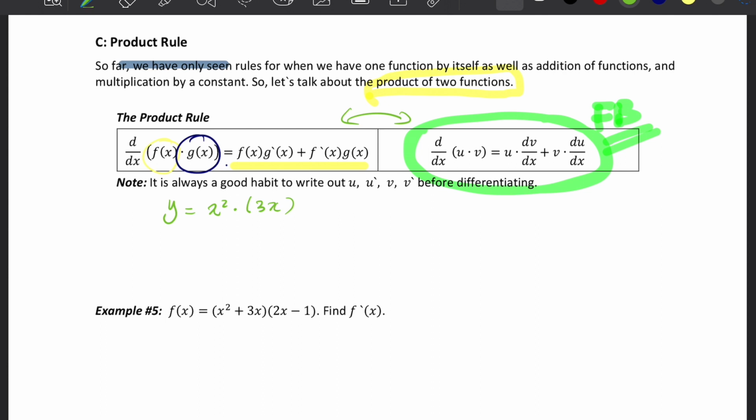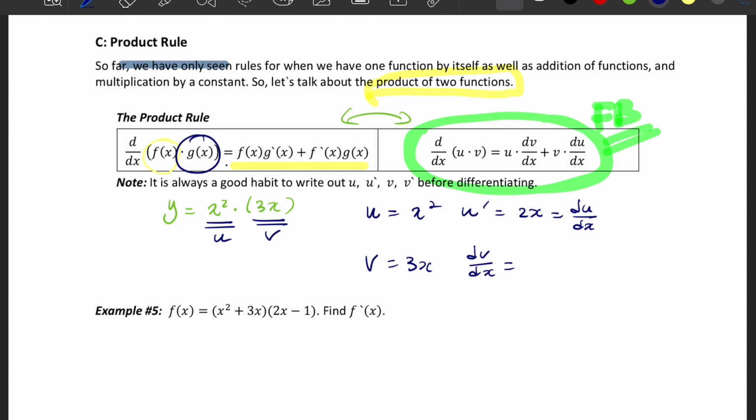If this is equal to u and this is equal to v, we have to find the derivative of u first, which is 2x. The u prime is the same as du over dx. And v is 3x, so dv over dx is 3.